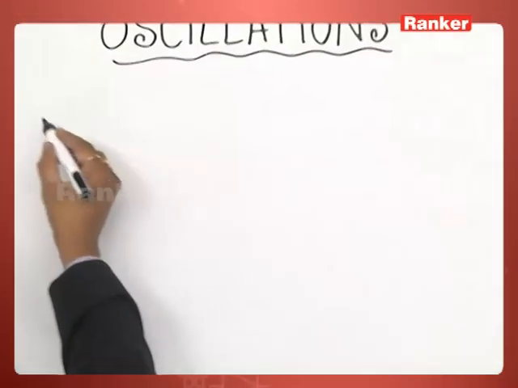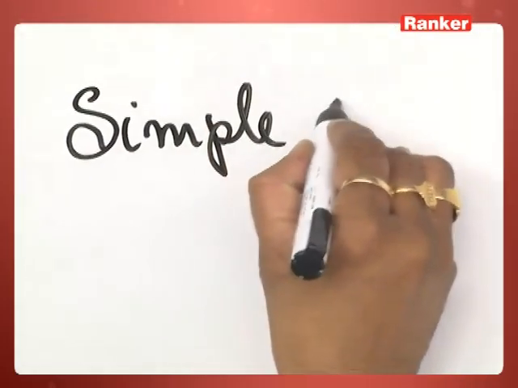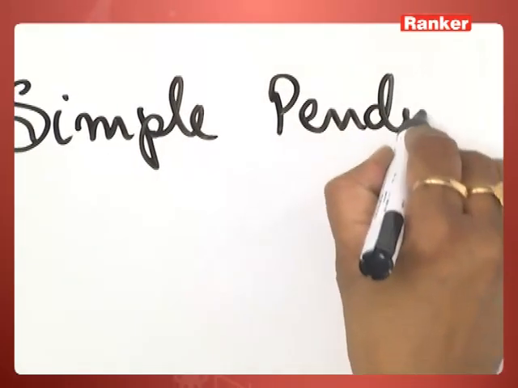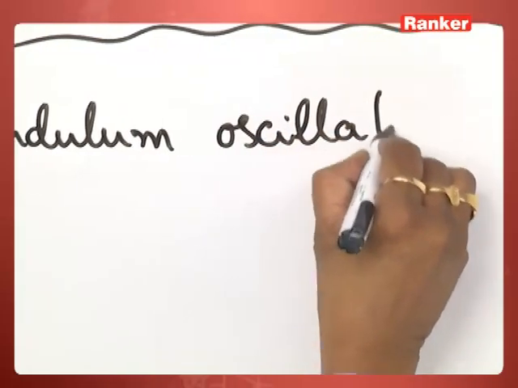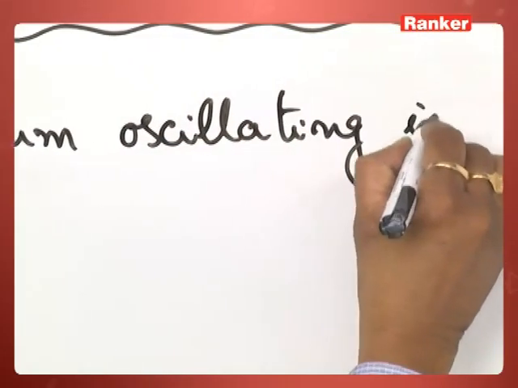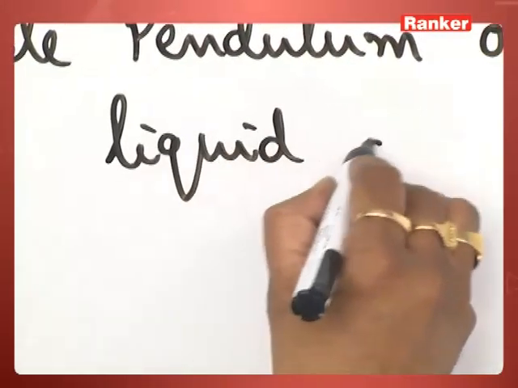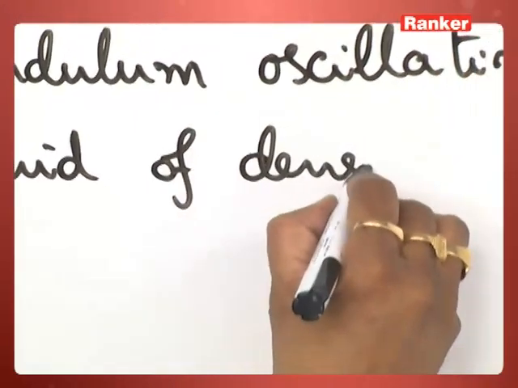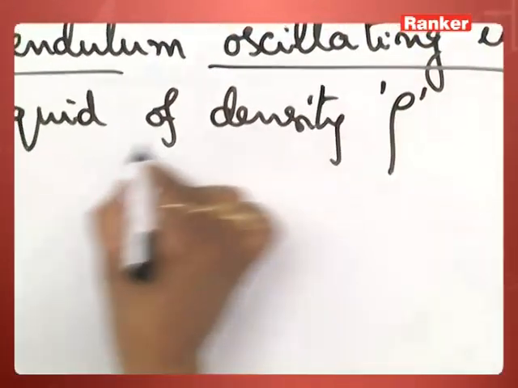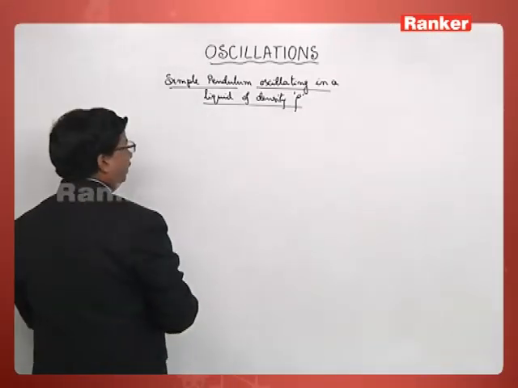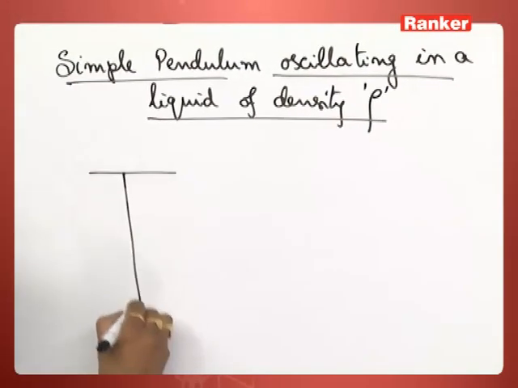For example, this is a simple pendulum oscillating in a liquid of density rho. That is the concept. A simple pendulum oscillating in a liquid of density rho. Let us just consider this is the case.